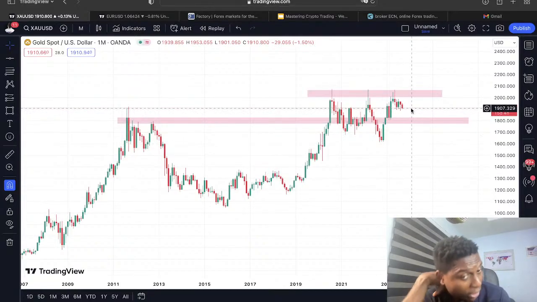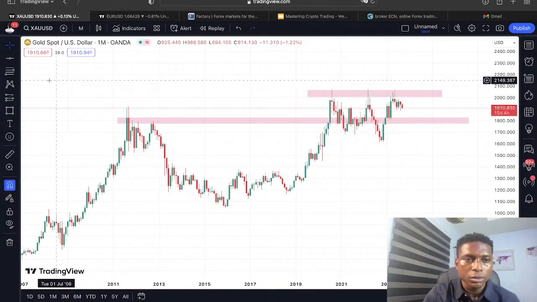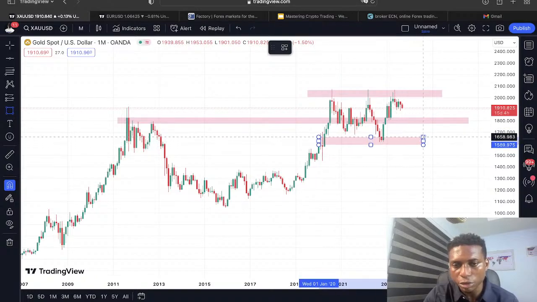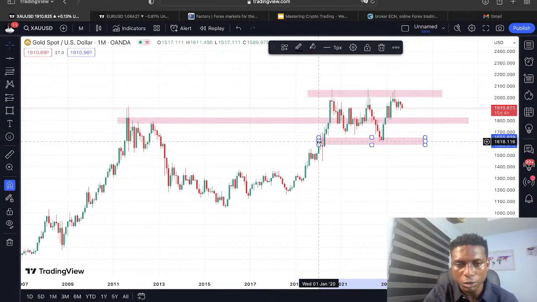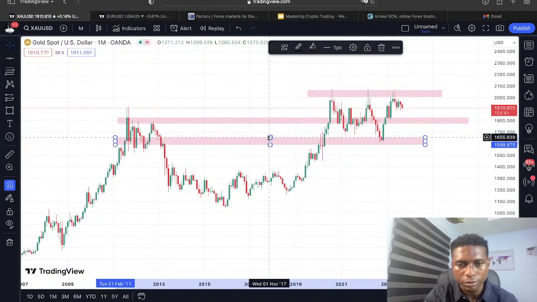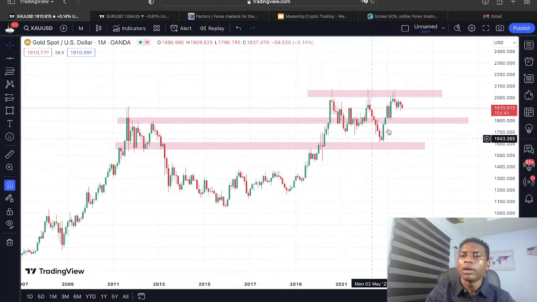So we can see that gold has several levels on the monthly time frame. Another level to watch. I think it's also spanned across this level.